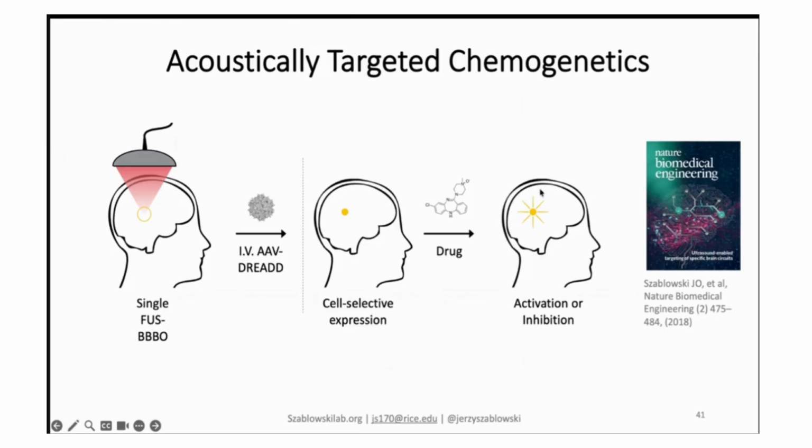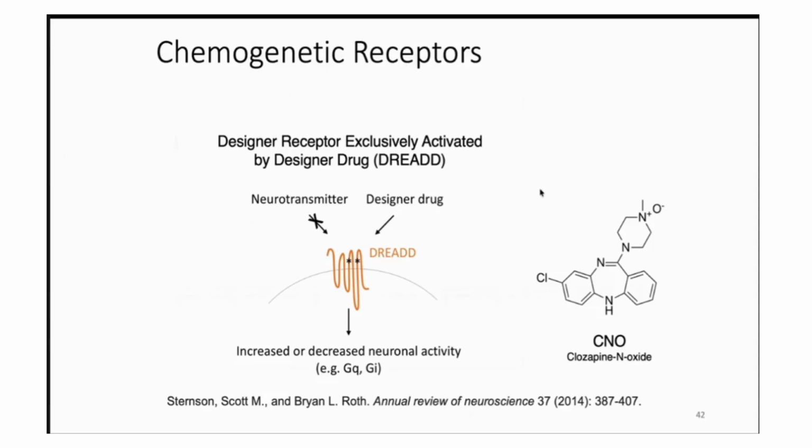And if that is the spot that, let's say, controls feeding, you could control anorexia. And if that's the spot that causes the seizures, you can suppress it and control the seizures. If you want to treat Parkinson's disease, you will target the basal ganglia. So with a single drug and a single gene therapy, depending on where exactly you point the focused ultrasound, you can treat dramatically different diseases.